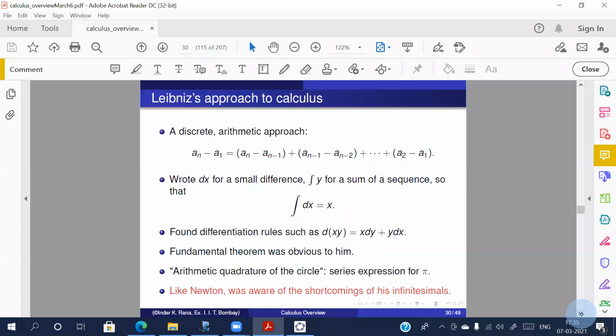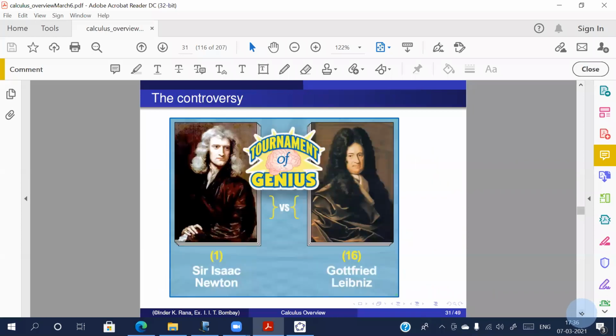Newton and Leibniz both were aware of their shortcomings, that their ideas have merit but are not very precise. After Leibniz published his work, there was a bitter controversy between Isaac Newton and Leibniz, Newton saying that he had done it earlier and so on.